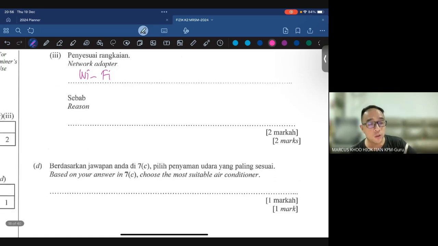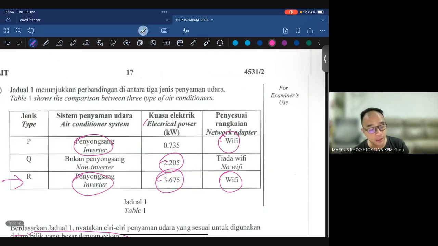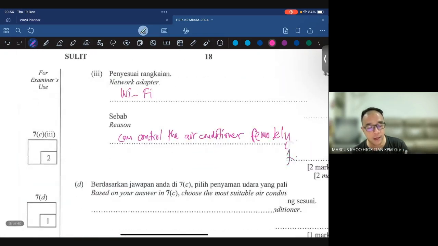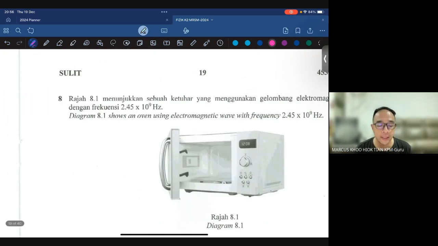So you can control the air conditioner remotely, from a very far away place. Based on our answers, the best aircon is type R. I think it's pretty easy. Next, number 8.